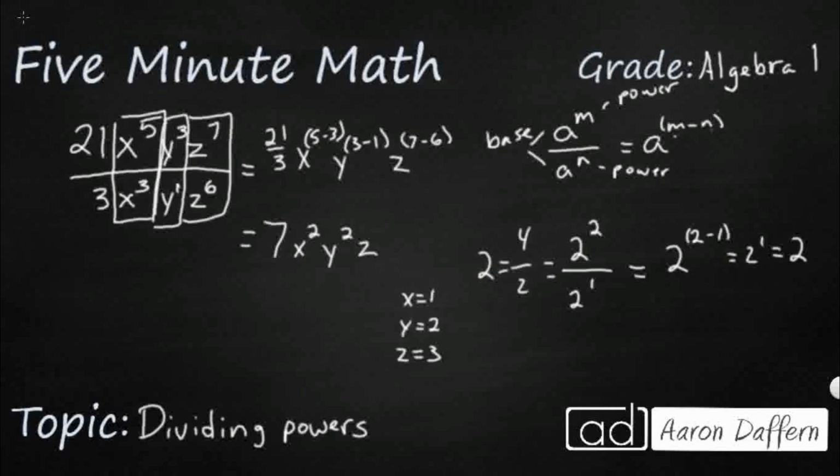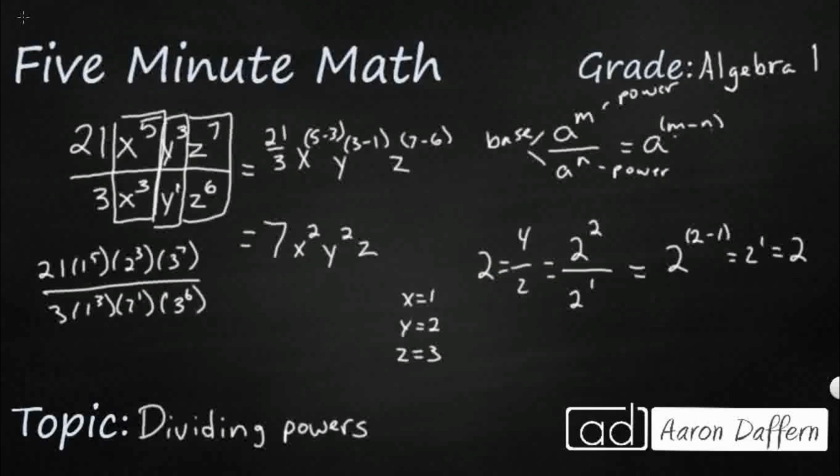I'm going to say 21 times x is 1 to the 5th, y is 2 to the 3rd, and z is 3 to the 7th, over 3, x to the 3rd, so that's 1 to the 3rd, 2 to the 1st, and then my z, 3 to the 6th.